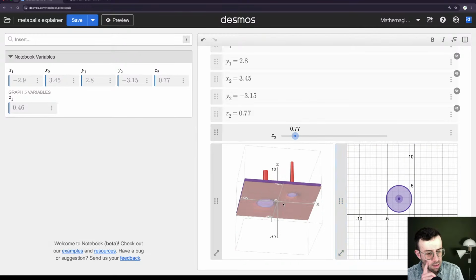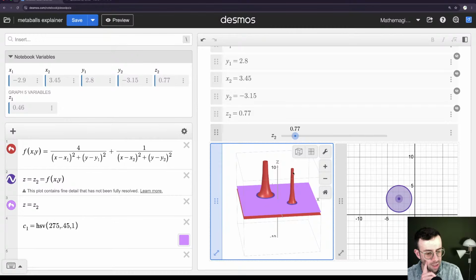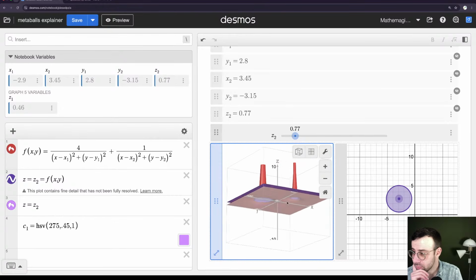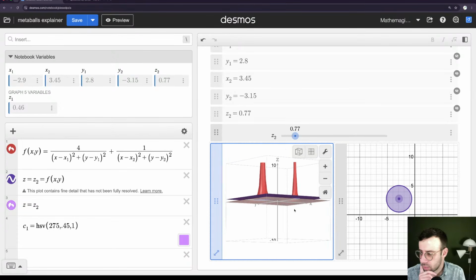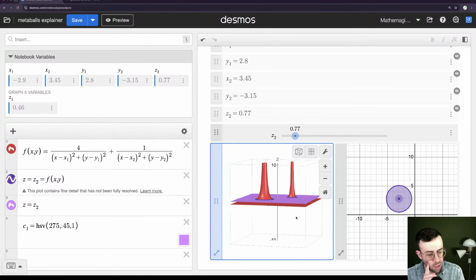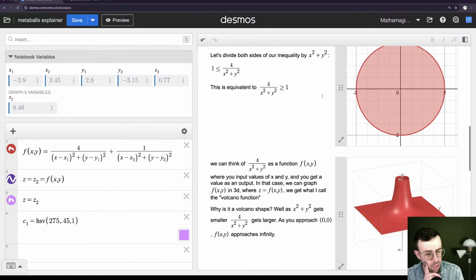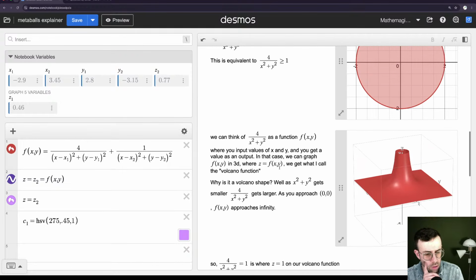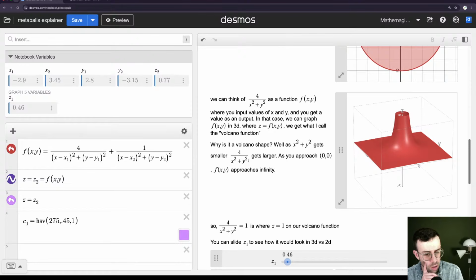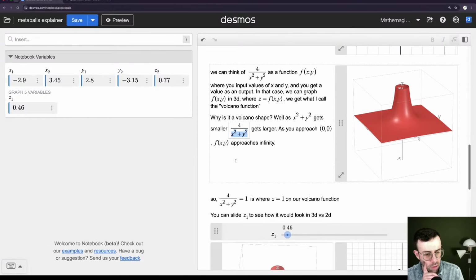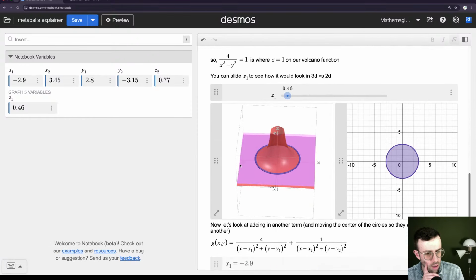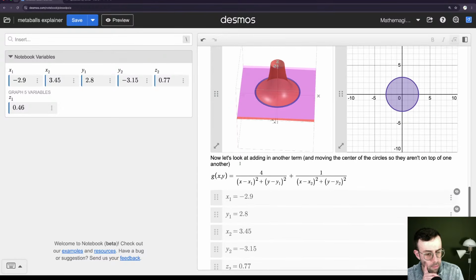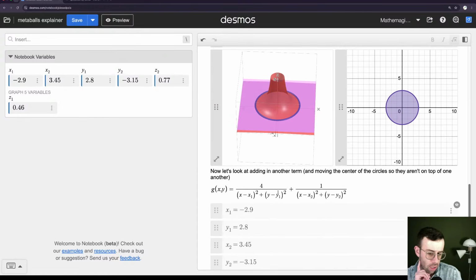I still need to understand mathematically why we have a double volcano. I understand totally why the first volcano comes up, because as these get smaller, we approach infinity. Okay, I think I get it actually.